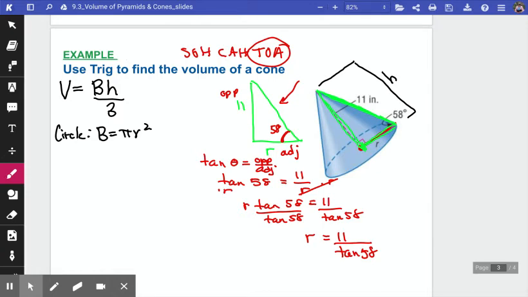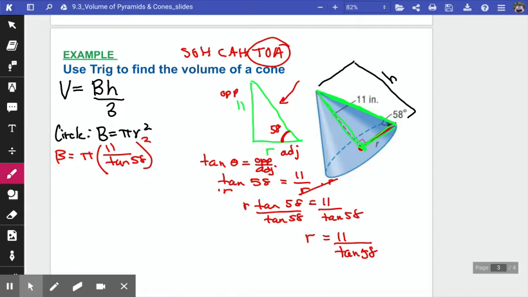So now I need to use that in my circular area. So B is equal to pi times 11 over tangent of 58, all squared. Okay. I'm going to leave it like that, and I'm going to put that whole thing into my volume formula. I'm just going to leave that squared.